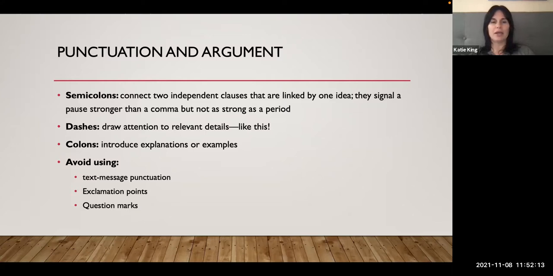Dashes draw attention to relevant details like this. A dash is often used for two main reasons, but there are other minor reasons why you can use them. They can draw attention to details like you're seeing here. They bring emphasis to a particular phrase. And the difference between a clause and a phrase is that a clause has a noun and a verb or a pronoun and a verb, whereas a phrase has only one or the other.